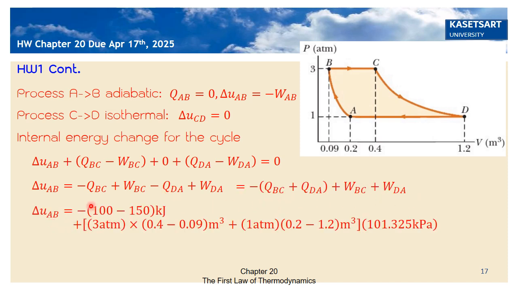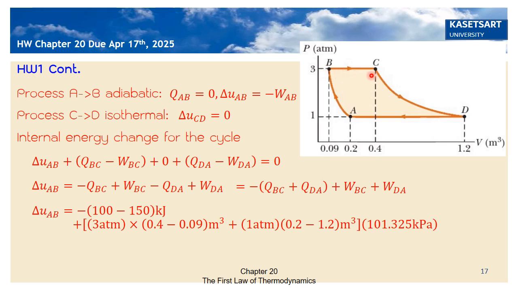And from the conditions of the problem, the heat for the process BC is 100 kilojoules into the system. And Q_DA is a heat loss from the system, minus 150 kilojoules. And for the work for the BC process, we can look at the PV diagram.